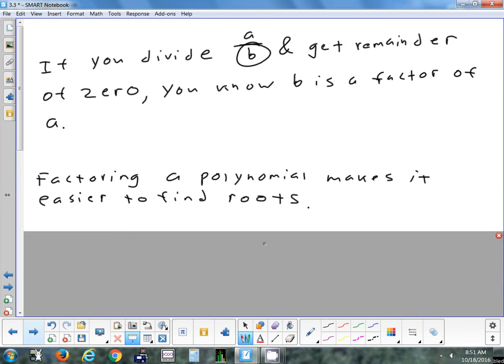So if I gave you an equation like, let's say, x squared plus 8x plus 15, and I asked you to solve it, just by looking at it, it's kind of hard to figure out what are the two numbers you plug in for x and get 0.